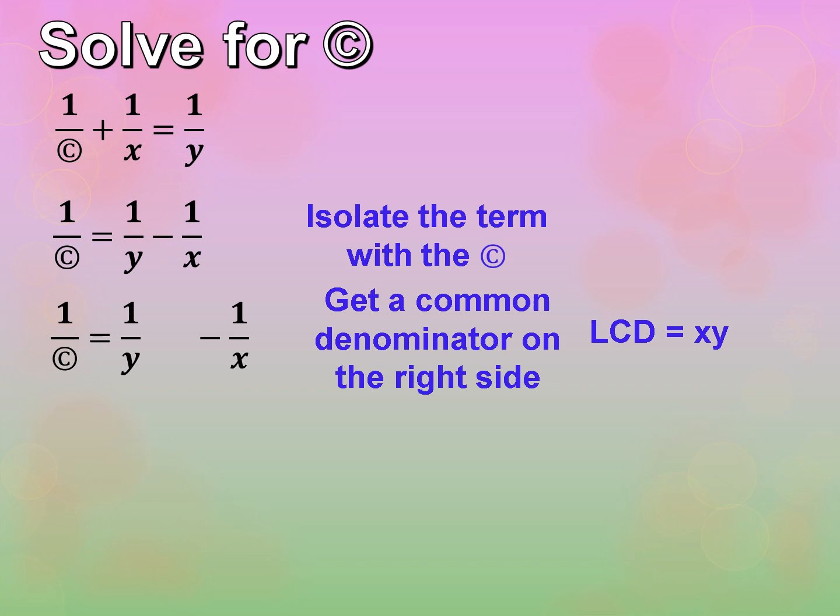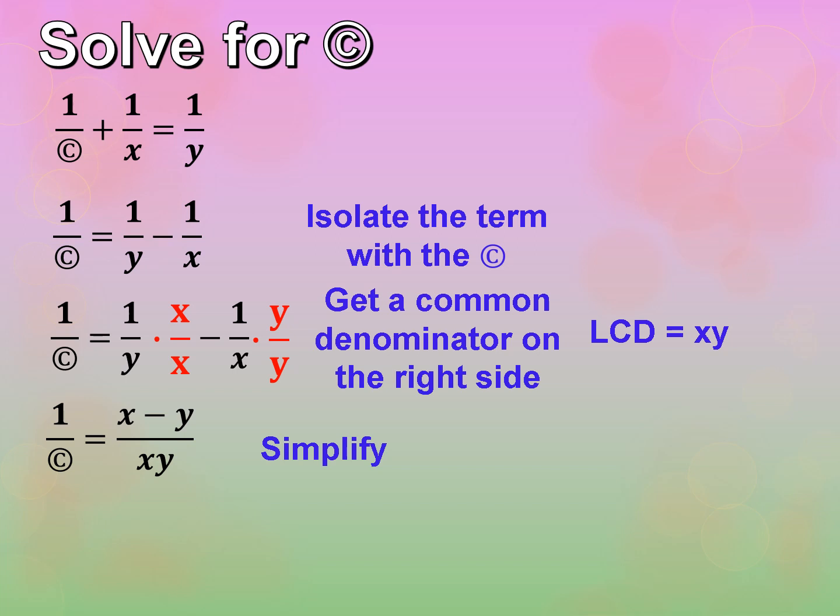So, looking on the right, 1 over y is missing that x in the denominator, so I'm going to multiply top and bottom by x. Then 1 over x is missing the y, so I'm going to multiply by y over y. Now we're going to simplify. That becomes 1 over the copyright symbol equals x minus y over xy.